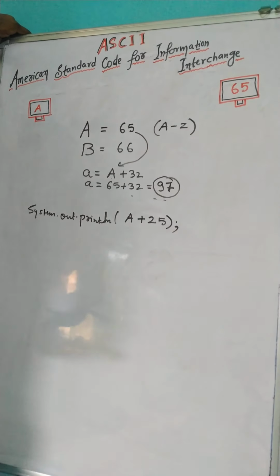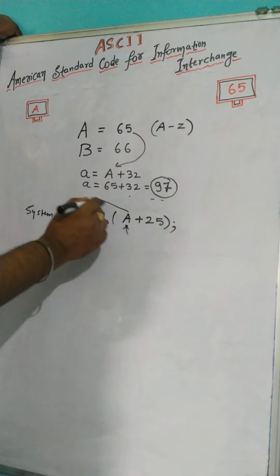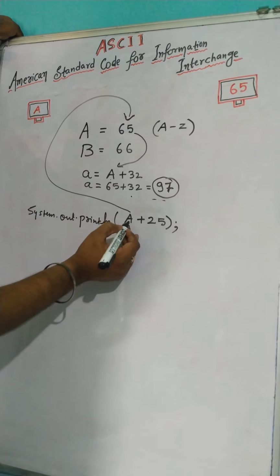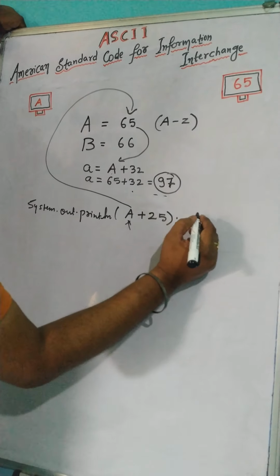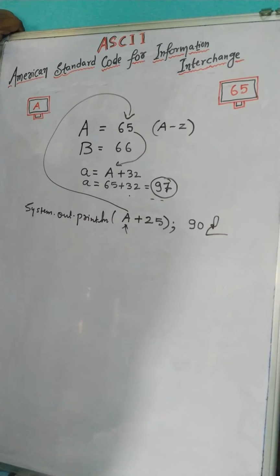What is the integer value of capital A? You see here, this is 65. So 65 plus 25 is how much? That is altogether 90. So 90 will be the answer.